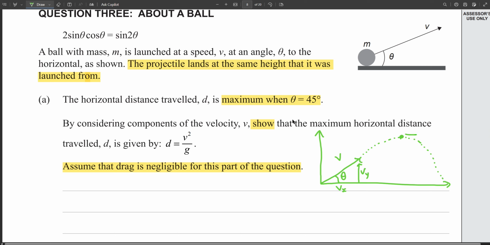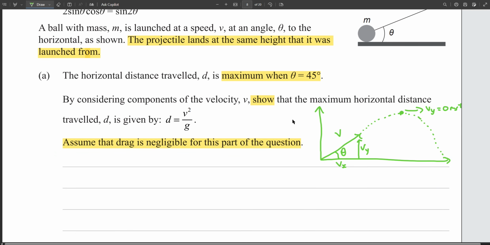And so what that means is that the vertical velocity is going to be 0 meters per second, right? Because it's not moving up, nor is it moving down, if we only analyze the y-axis. Of course, the x-axis will be moving at a constant speed because we assume that drag is negligible. Therefore, it will just remain in motion unless it is acted upon by an external force.